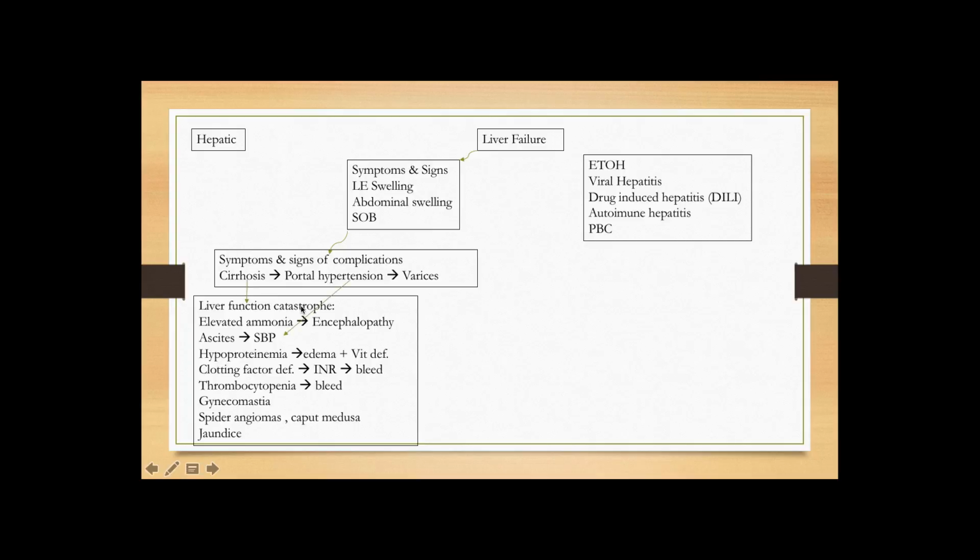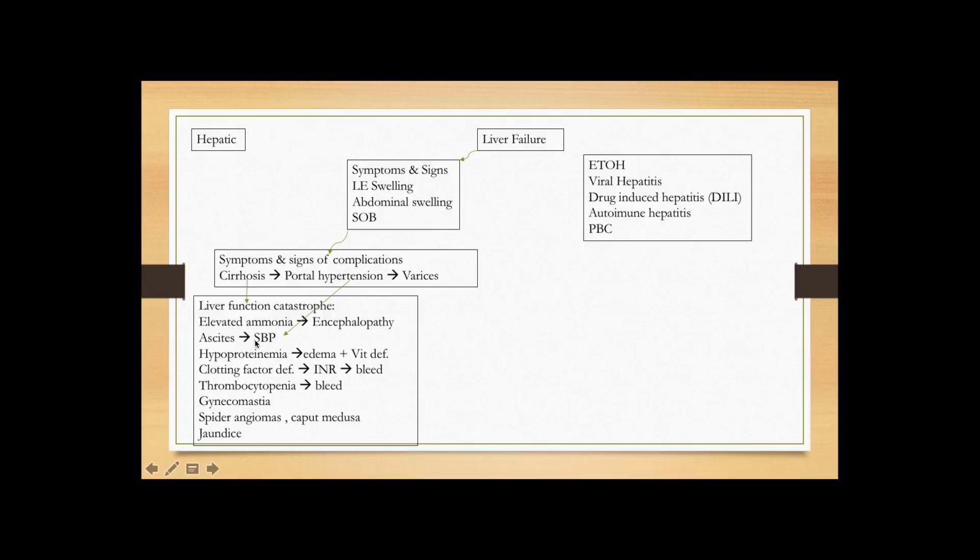Also, because of portal hypertension, because there is just so much pressure, these people develop ascites, and so they have abdominal swelling. And then ascites, when it gets infected for whatever reason, sometimes spontaneously, and we don't even know clearly what caused the infection, but common sense says that because it's so close to the intestinal area, any bacteria can just ease into the ascitic fluid and cause spontaneous bacterial peritonitis.